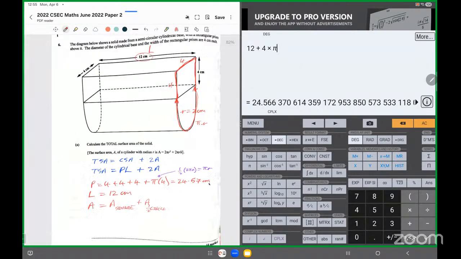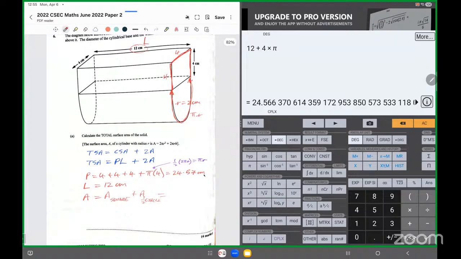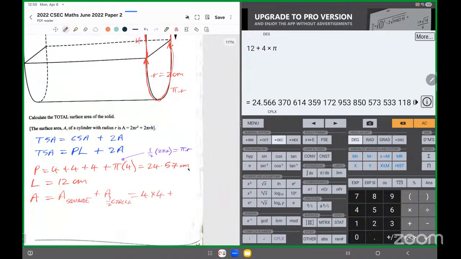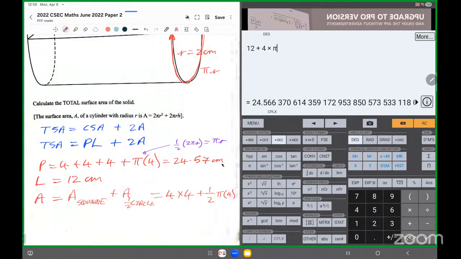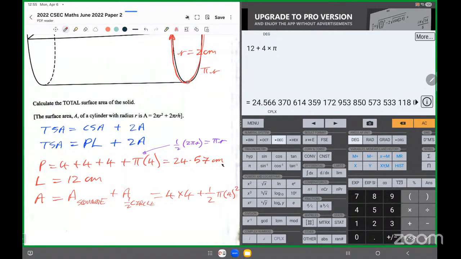The area of the square is 4 times 4. The area of a circle is pi r squared, so the area of a half circle is half pi r squared, half pi times 4 squared. That's what the area of this half circle is.